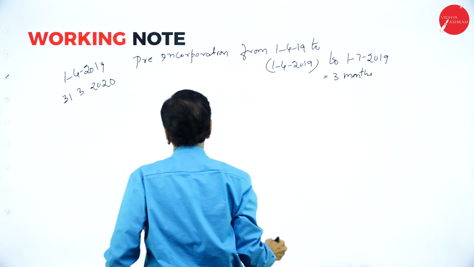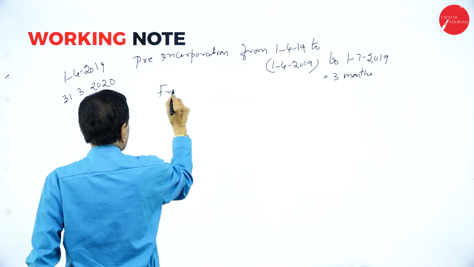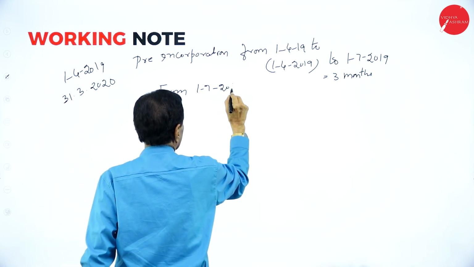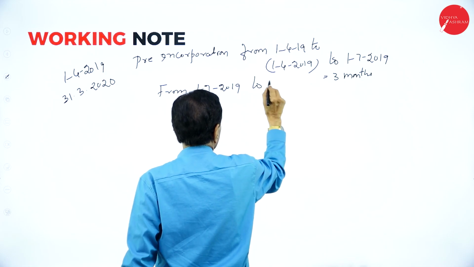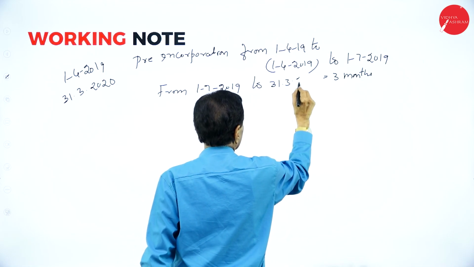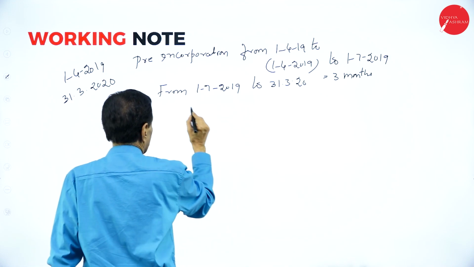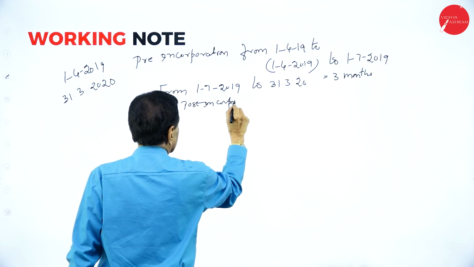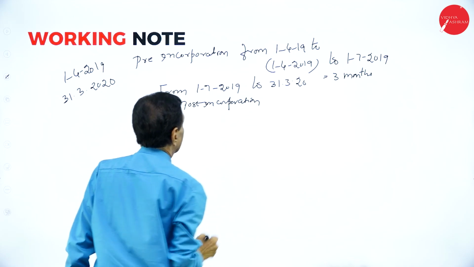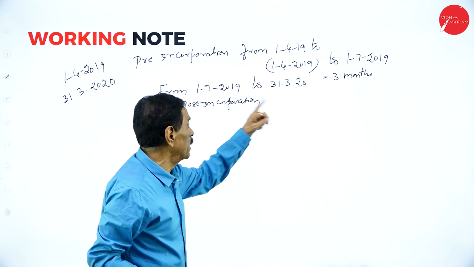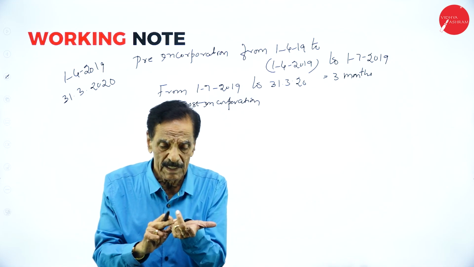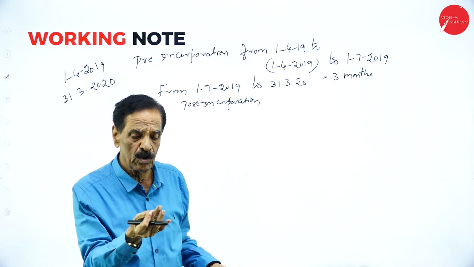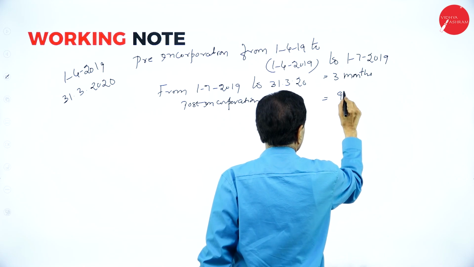From 1/7/2019 to 31/3/2020 is the post-incorporation period: July, August, September, October, November, December, January, February, March, which is 9 months.